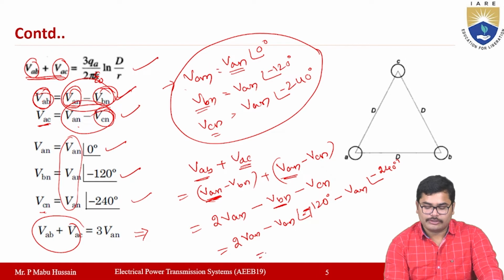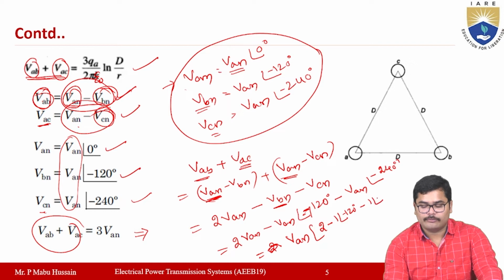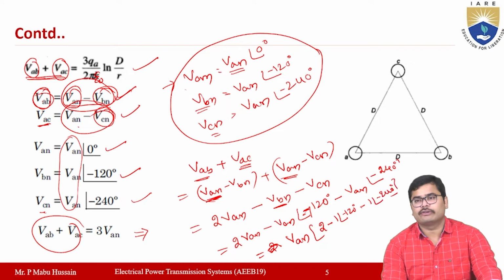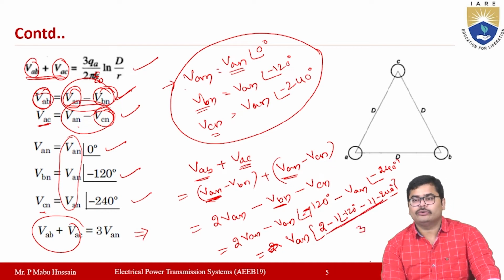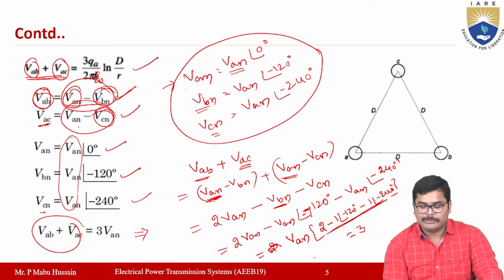Taking VAN common in all the terms, you get VAN into 2 minus 1 at an angle minus 120 degrees minus 1 at an angle minus 240 degrees. If you do the calculation, the value will be equal to 3, so this will be 3 VAN.